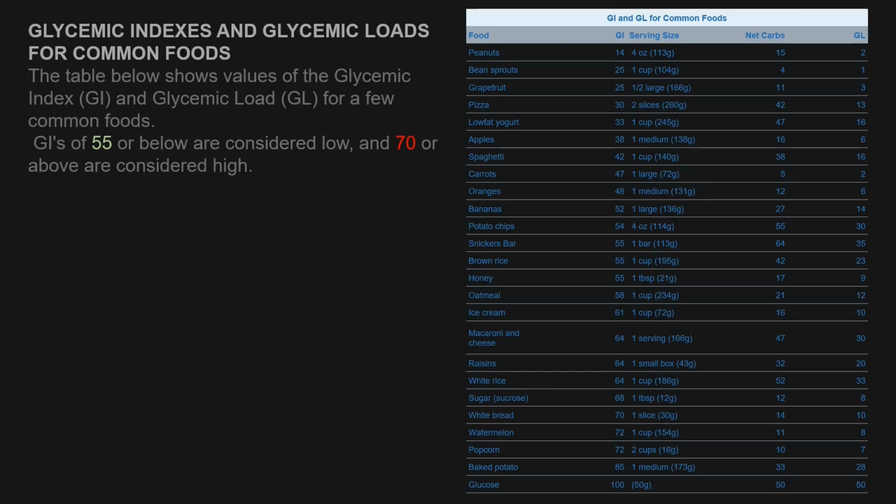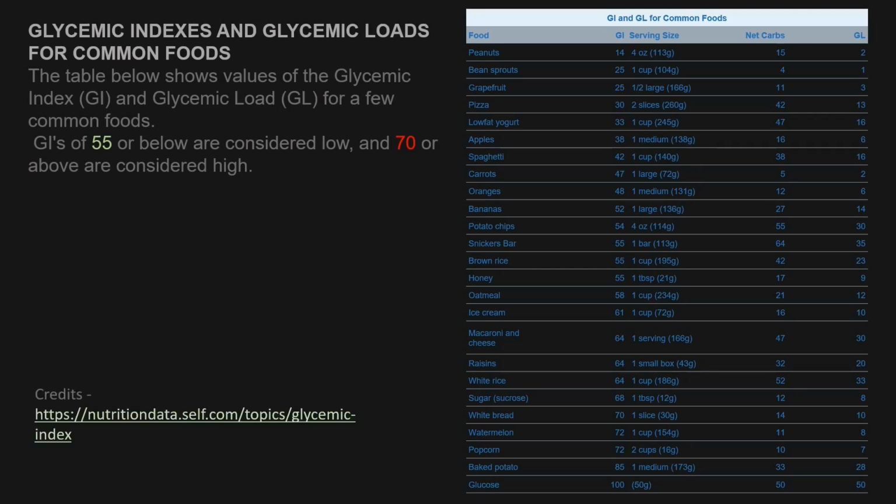If you have diabetes, 50 is high. 55 is high. So if you are diabetic, just understand that anything you put in your mouth should at least have below these numbers. Even when green, 50 is green or 55 is green, okay? This is just for people without diabetes, but this video is for diabetics.